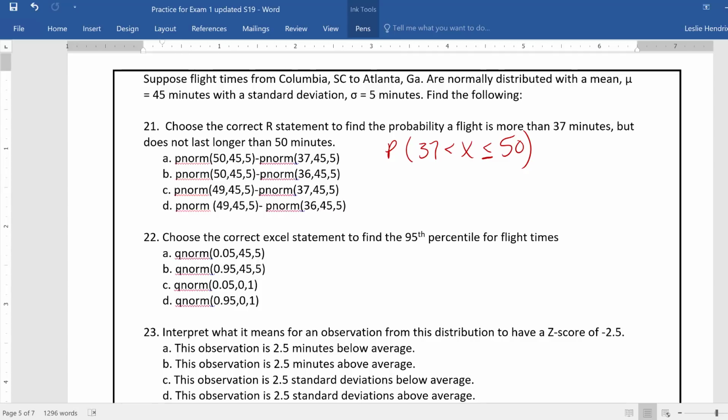But since this is a continuous distribution, the "or equal to" does not matter. Because if you use one of the d functions in R, like d-norm, on a continuous distribution, that just gives you the height of the curve at that value.